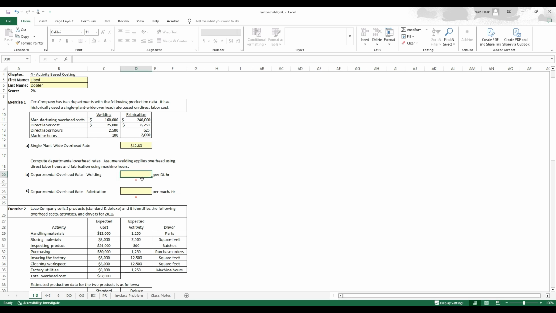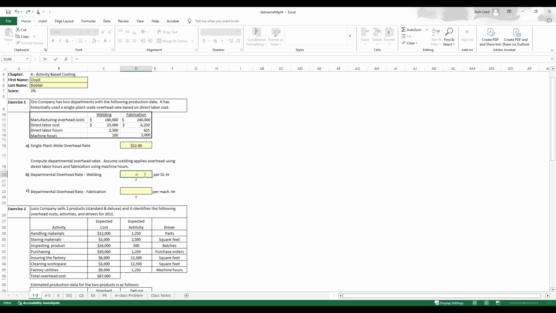And the whole idea here is that if departments vary relatively significantly and the overhead costs vary relatively significantly, maybe there's a better way to calculate the application based on those drivers.